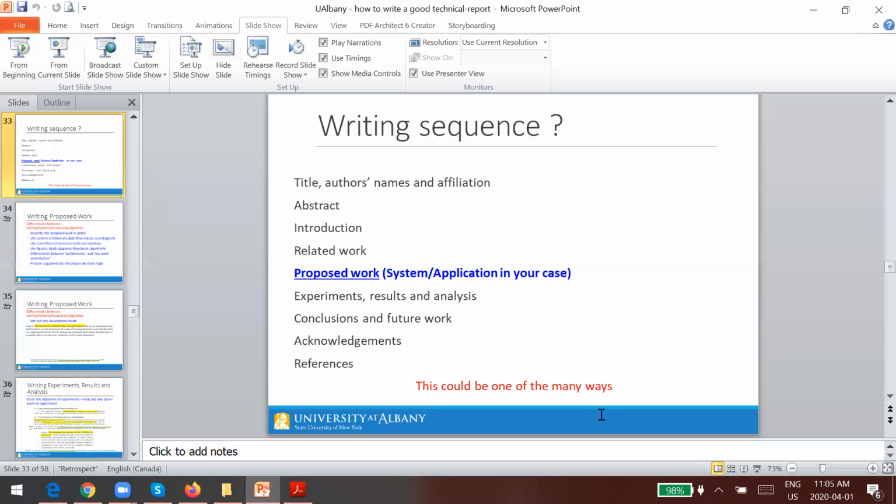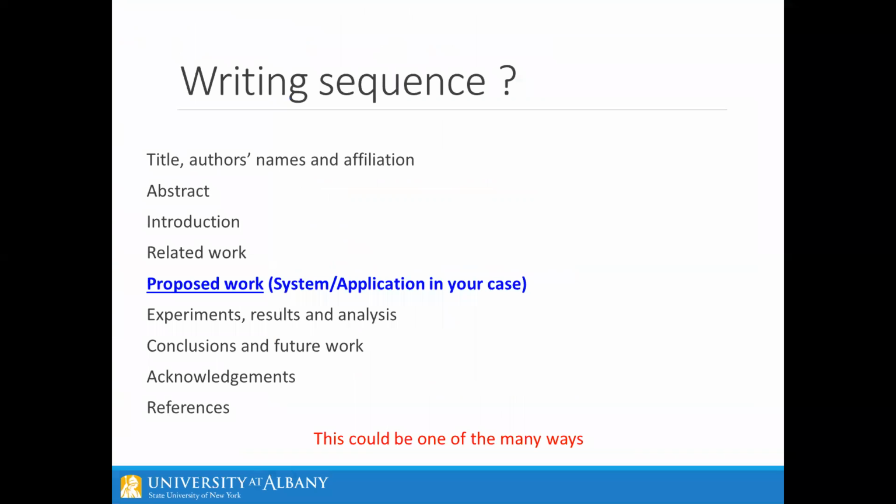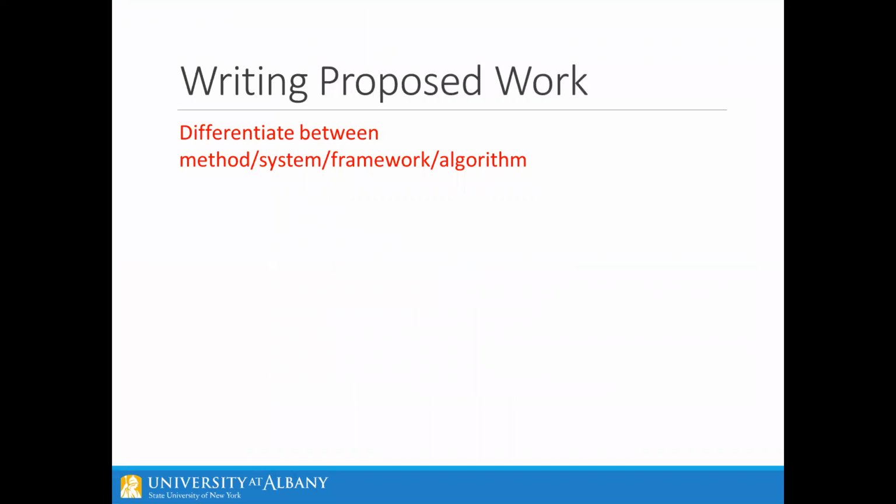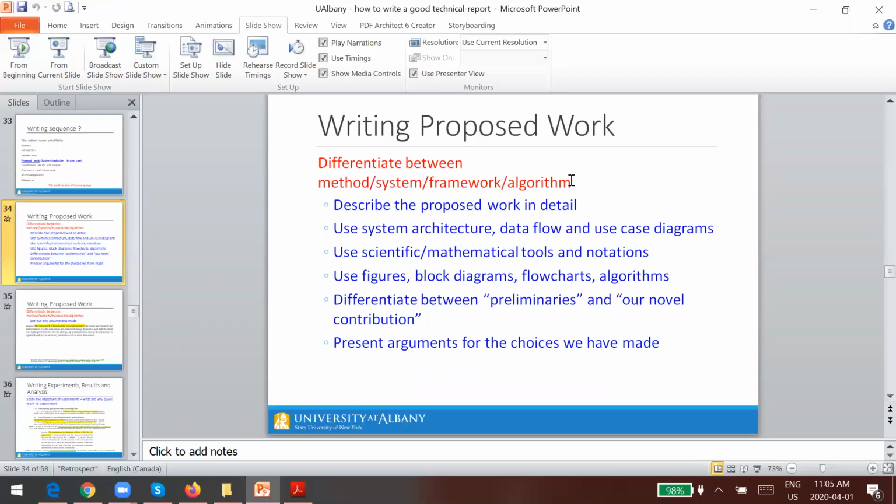Okay. All right. Now coming back to the proposed work section. In the proposed work section, most of you are working on a system or an application. So let me also add application here.